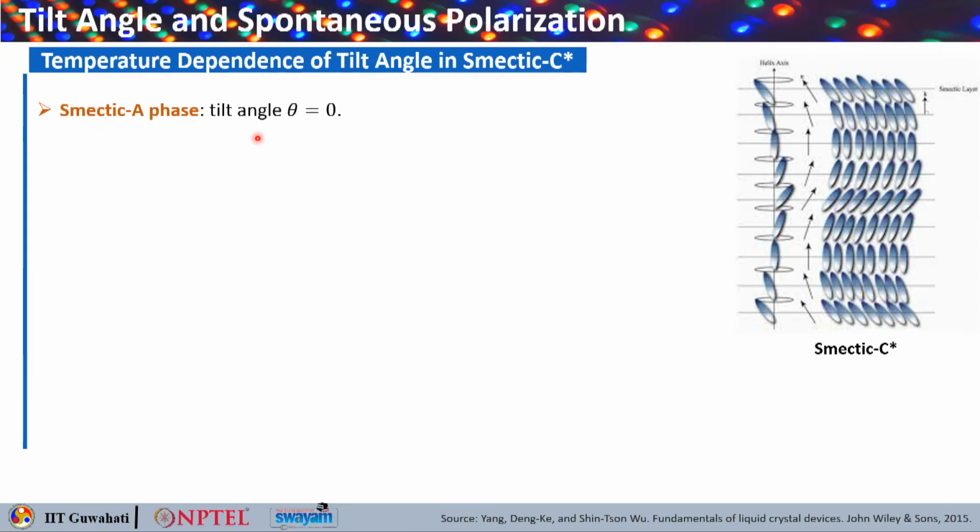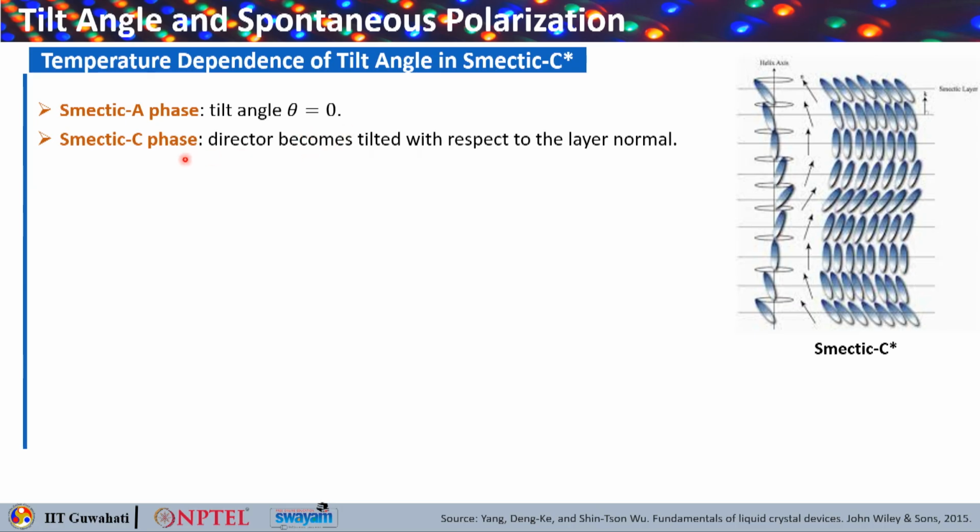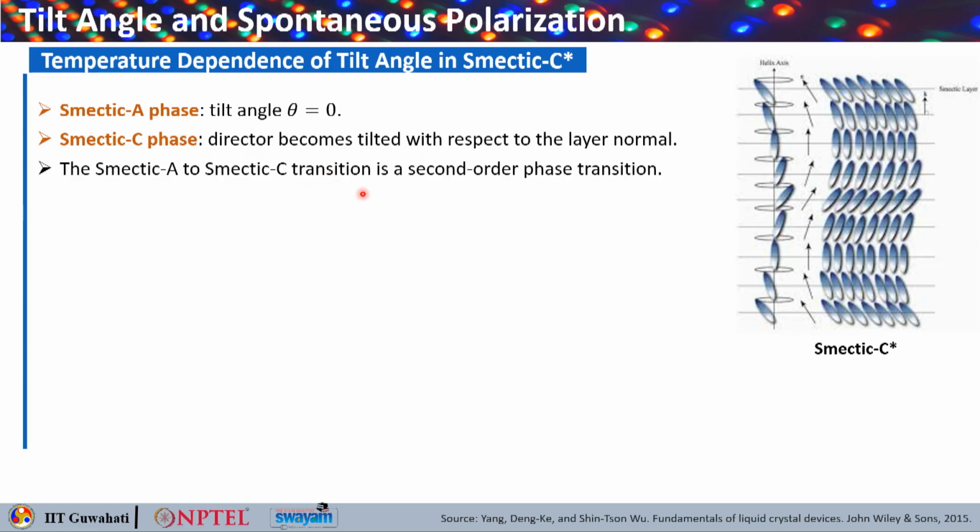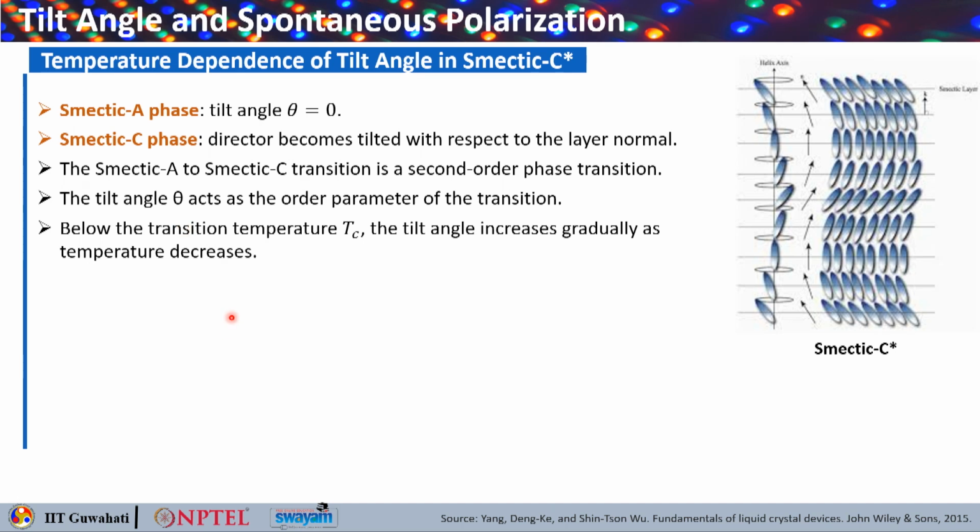We have seen in the smectic A phase the tilt angle theta equals 0, and in the smectic C phase it is tilted, so your director is tilted with respect to the layer normal. Whenever the liquid crystal transitions from smectic A to smectic C, it is a second order phase transition, and the tilt angle theta acts as the order parameter of the transition.